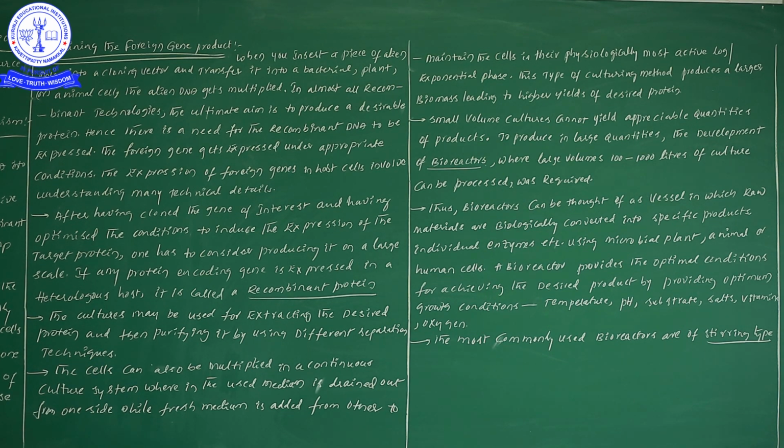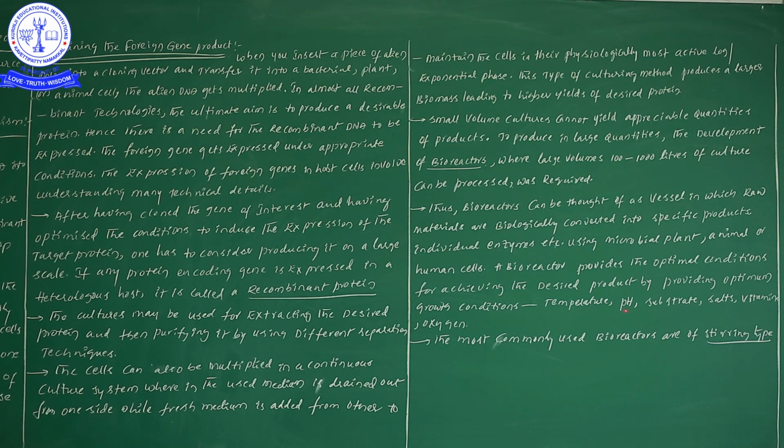If you would like to get any kind of suitable product, wherever you want to produce, definitely by using bioreactors and by providing optimal conditions, we can obtain the desirable product. How? By providing optimum growth conditions. What are the growth conditions?